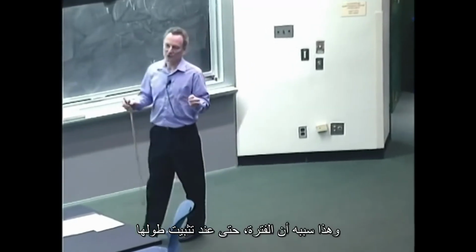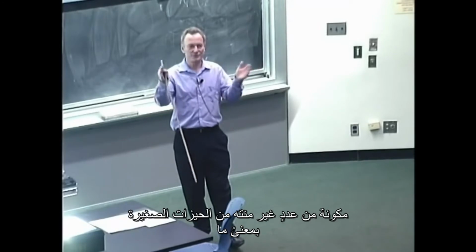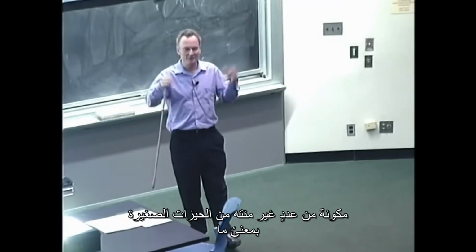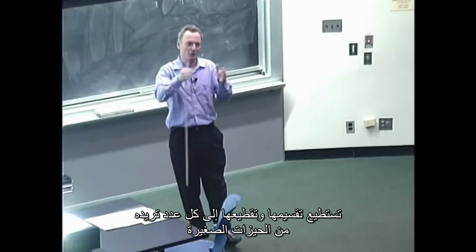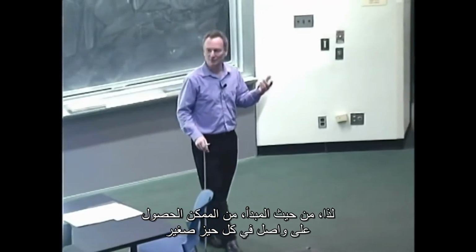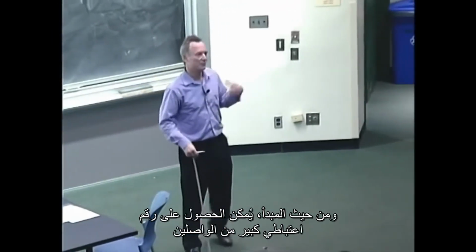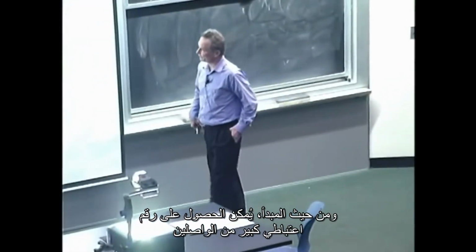And that's because an interval, even if it's of fixed length, consists of an infinite number of mini slots in some sense. You can chop it up into as many mini slots as you want. So in principle, it's possible that every mini slot gets an arrival. In principle, it's possible to get an arbitrarily large number of arrivals.